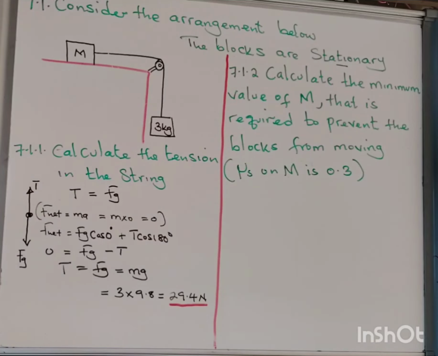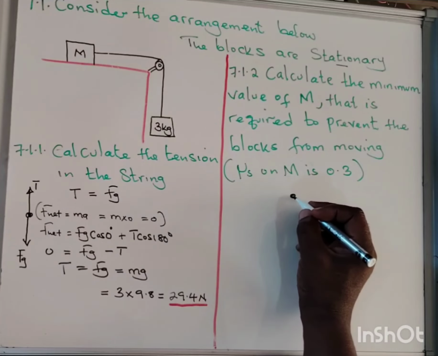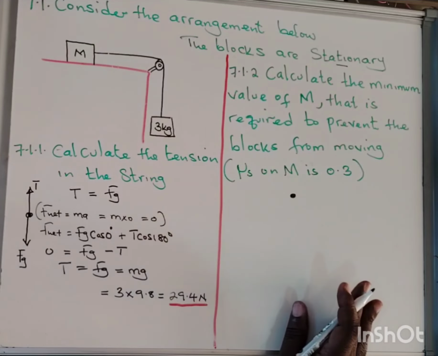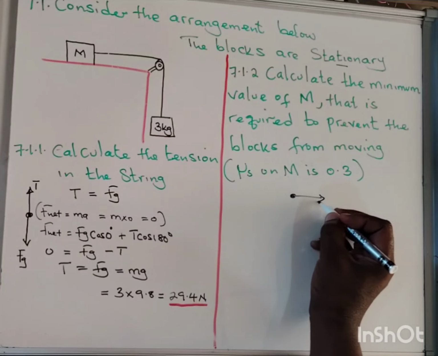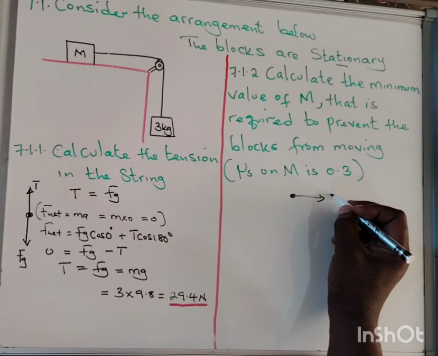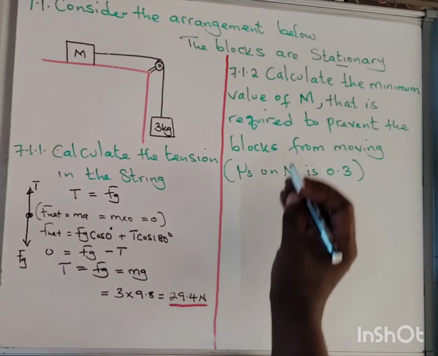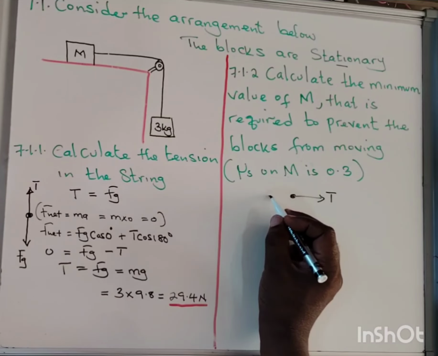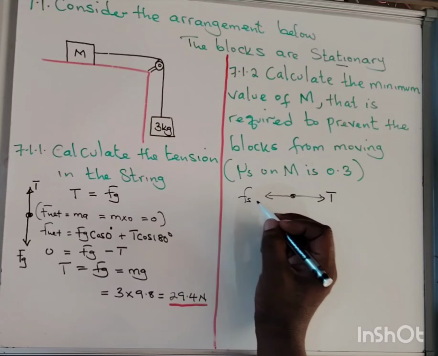How do you go about that? The best approach is to have the free body diagram of M. When you look at M, we have our force here, which is tension caused by the string. And because we have a coefficient of friction, we have a friction force this side.